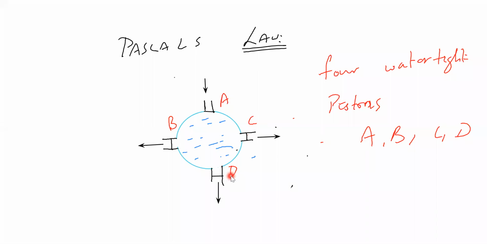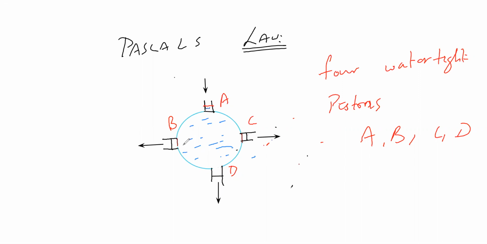So the pressure applied on B, C, and D will be same. If I push this piston A down, suppose water is full up to this, then it will push B, C, and D with equal force through the same distance.